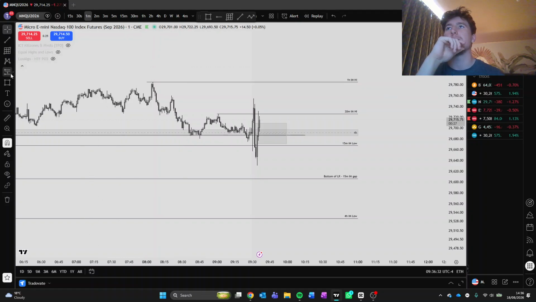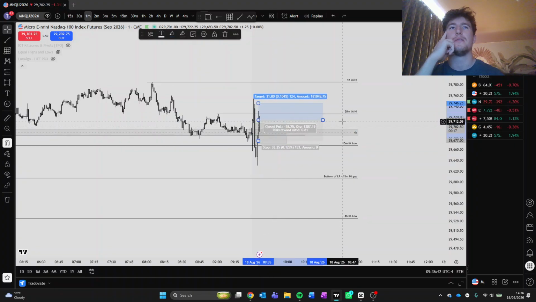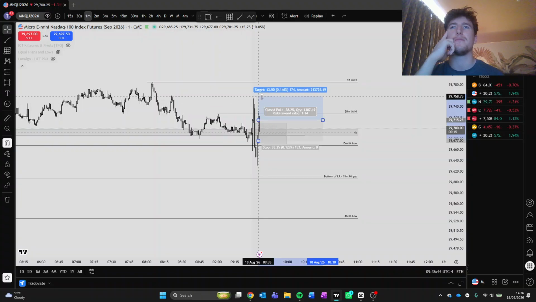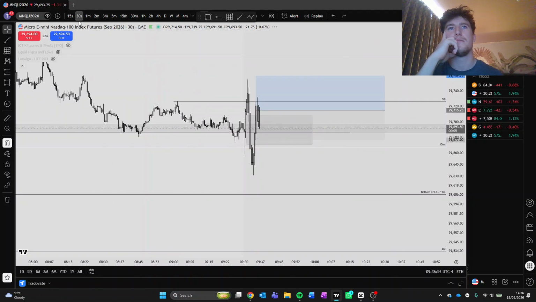Watch Dodgy take this to the equal highs. Just see him taking that and putting a stop here. It's a breakaway gap and then just boom. He might have taken the 30-second there, and he got stopped out.